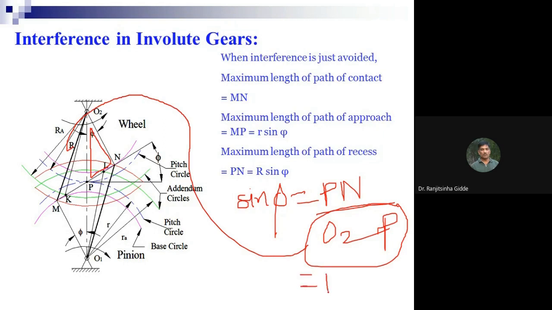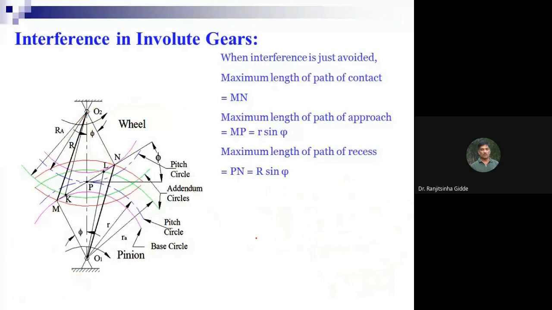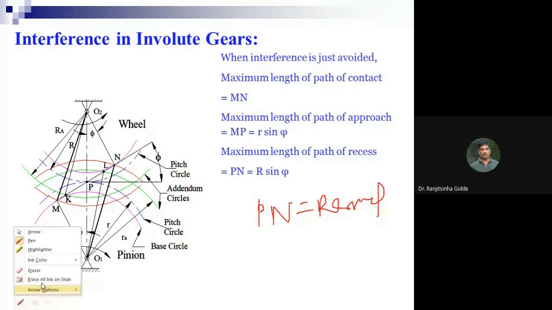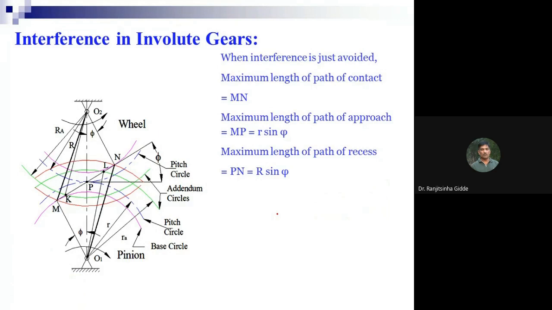That is radius of pitch circle for the wheel. So by putting the value for this O to P, we can get this Pn is equal to R sine phi. Already I have written. Okay.